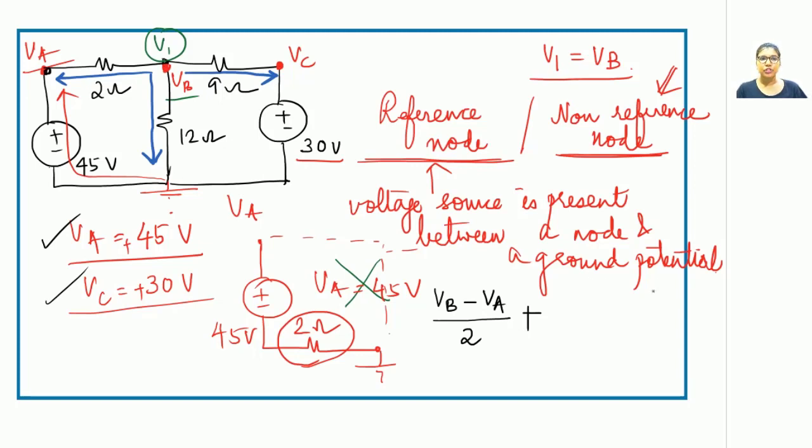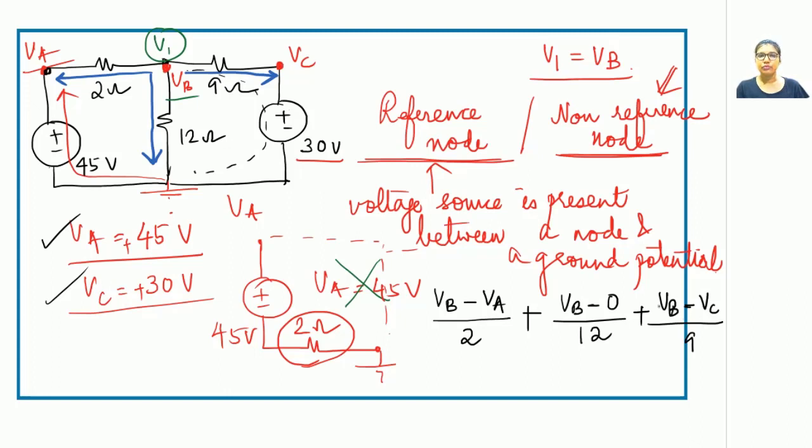For the middle branch, it is VB minus 0 upon 12 plus VB minus VC upon 9. The same concept over here as that of VA, since we are not writing for this entire path and we are writing the equation only for the branch current connecting VB and VC.